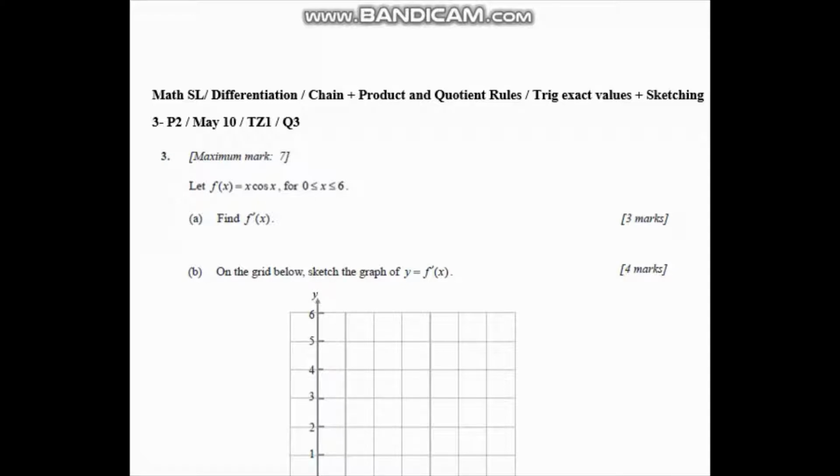So for question B, you are required to sketch the graph of y equals f dash of x, which you have already obtained in question A, and we of course have to use the graphic display calculator in order to do that.